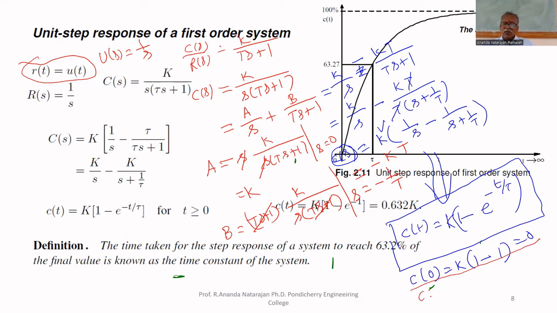C of infinity equal to what? For the final value, we substitute t equal to infinity. E power minus infinity equal to 0. Therefore, the final value is K, and finally it will settle at K. Initially it is at 0.